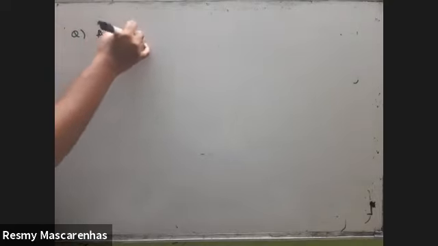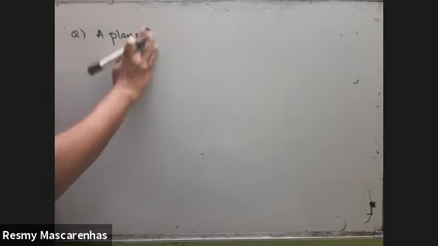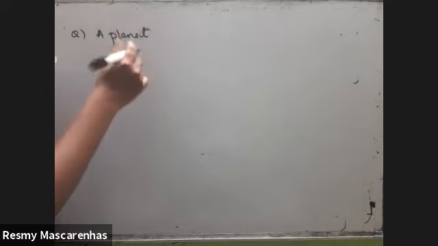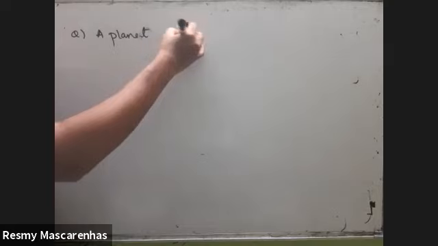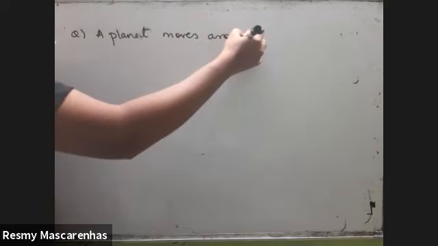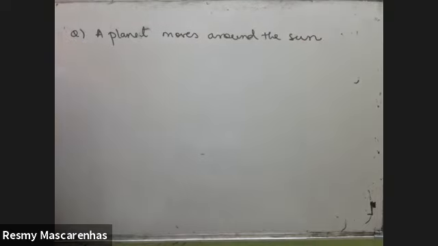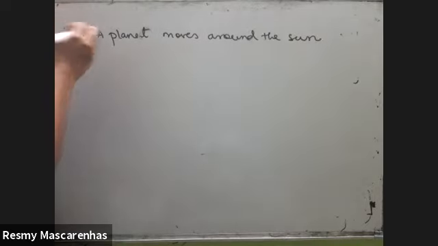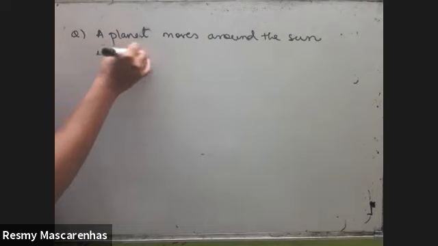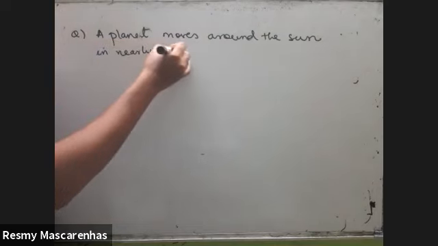The planet moves around the sun. A planet, the planet doesn't matter, moves around the sun in nearly circular orbits.